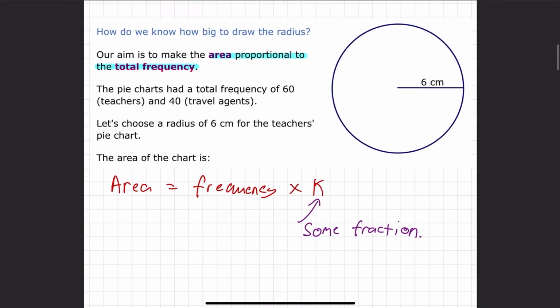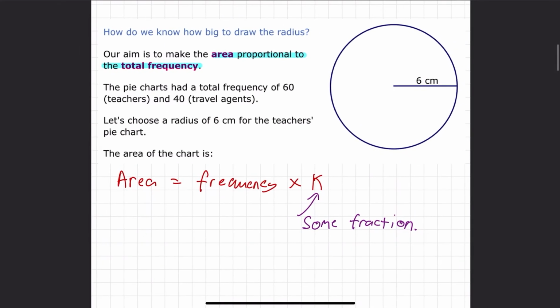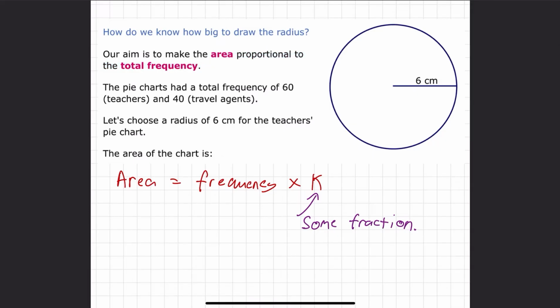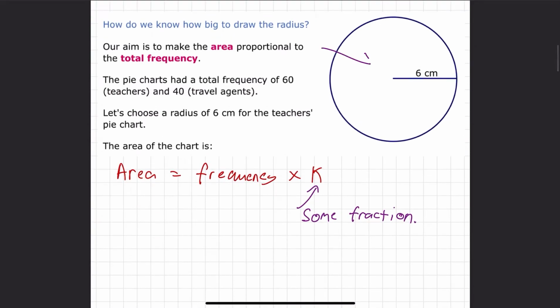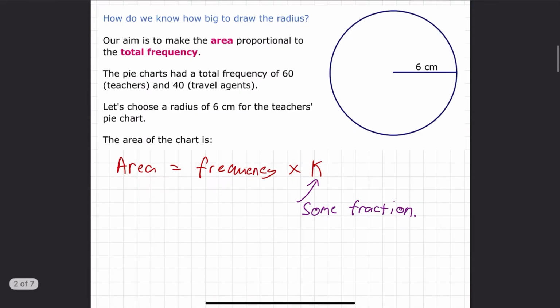So let's have a look at how we're going to use this. The pie chart has a total frequency of 60 for teachers and 40 for travel agents. Let's choose a radius of 6 for teachers. So here we have our comparative pie chart for teachers, and we have just chosen 6 as our radius. The radius for one of them can be completely random, as long as for the other one, they are in proportion to each other.